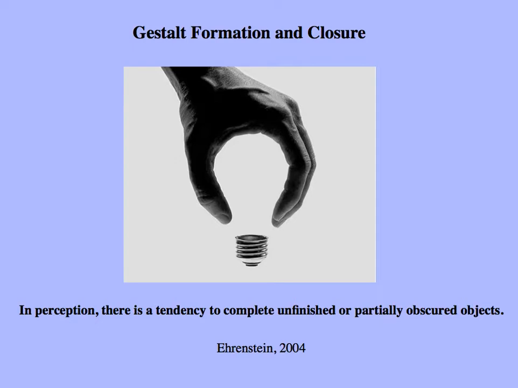So, for example, this is called Gestalt formation and closure. A Gestalt is a whole, a perceived whole, and Ehrenstein states, in perception there is a tendency to complete unfinished or partially obscured objects, like we do here with this light bulb, right? That's not just a little weird metal thing and a hand in an upside down U shape.